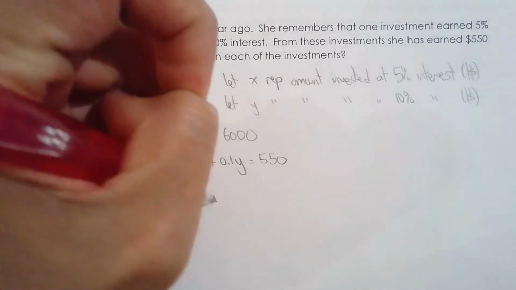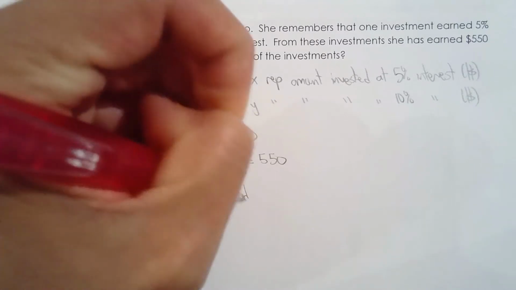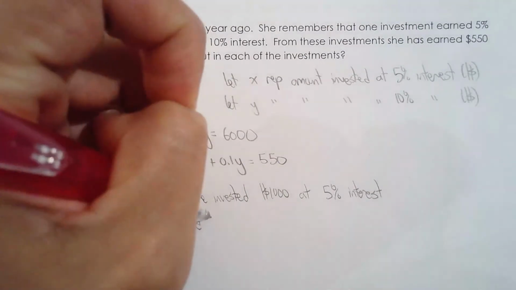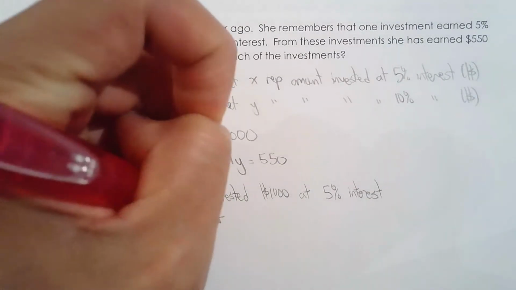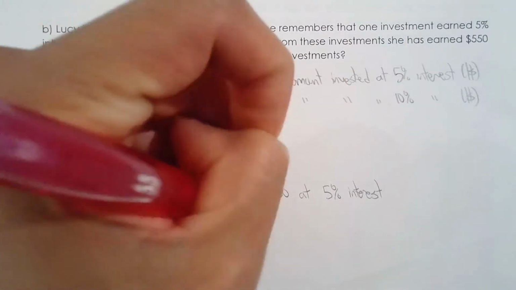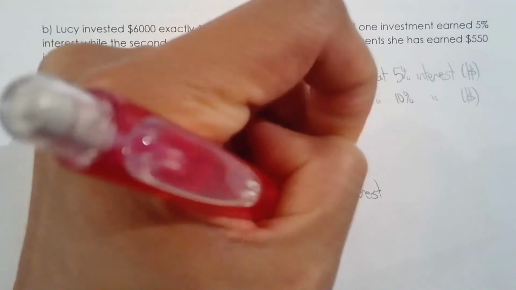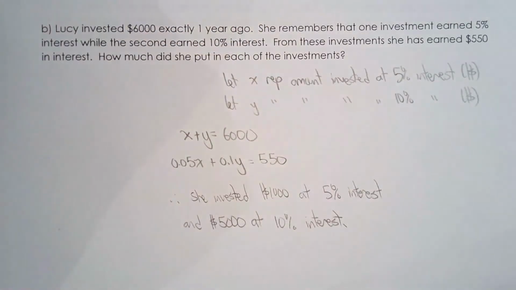She invested $1,000 at 5% interest, which means she invested $5,000 at 10% interest, which is what we said was going to happen.